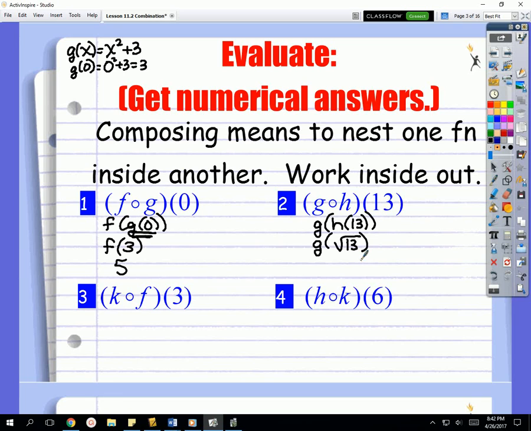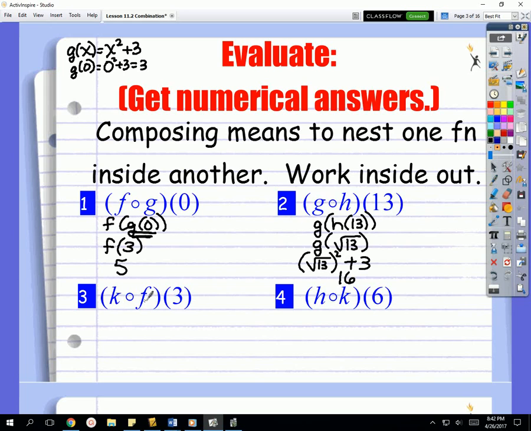But look, g of x is supposed to square what you're given. So take the square root of 13 and square it and add 3. Now this is kind of nice. What is the square root of 13 squared? Do you remember it would just be plain old 13? So plain old 13 plus 3 is plain old 16. That worked out better than I thought it would.